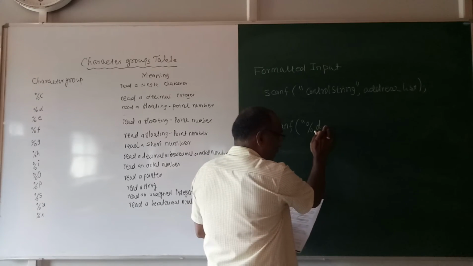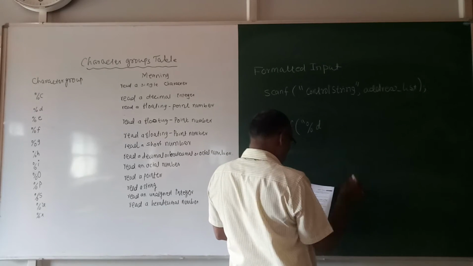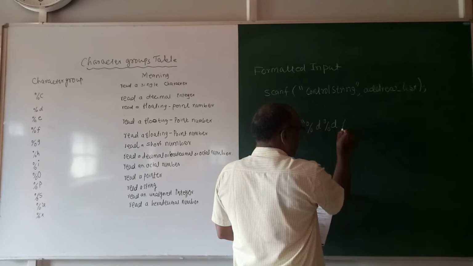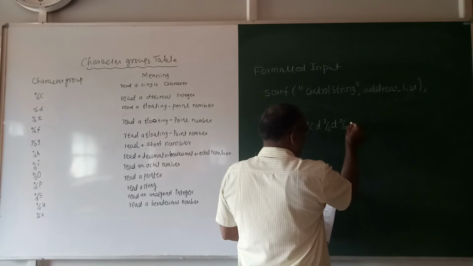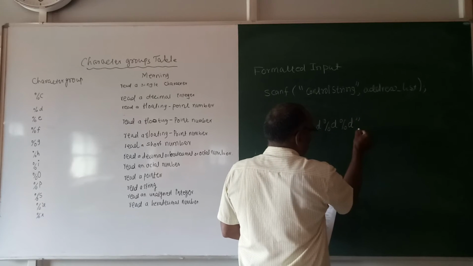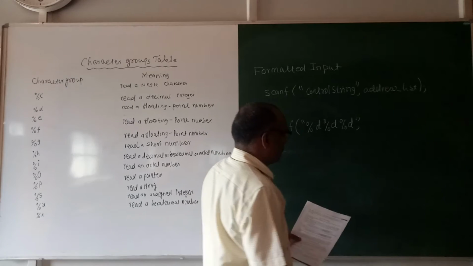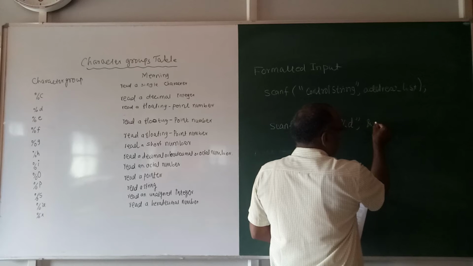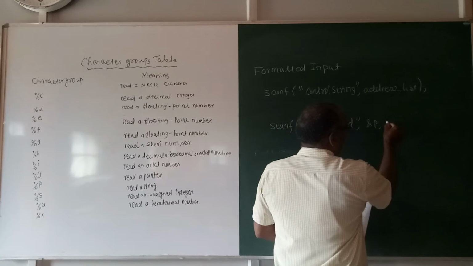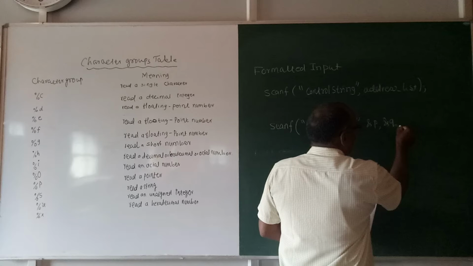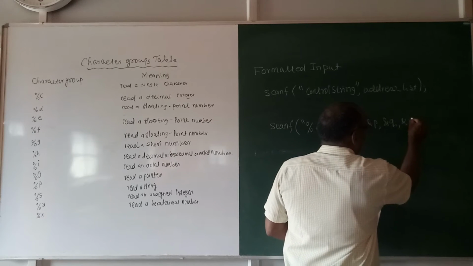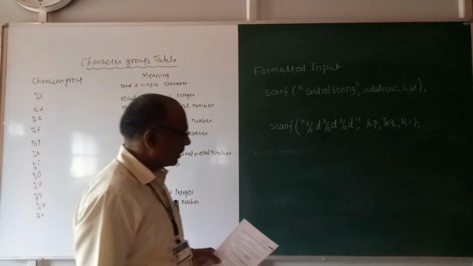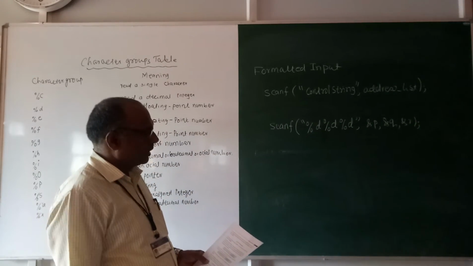Either you can give a comma here, or without giving any space you can write D, and close this, give the comma as the separator, and then the variable or address list, say ampersand P, ampersand Q, ampersand R. Or P, Q, K, anything you can give.